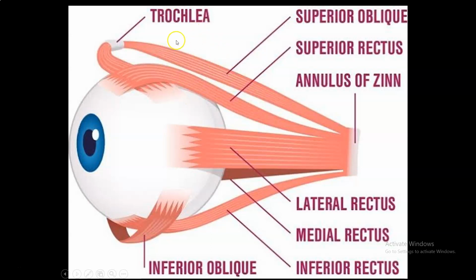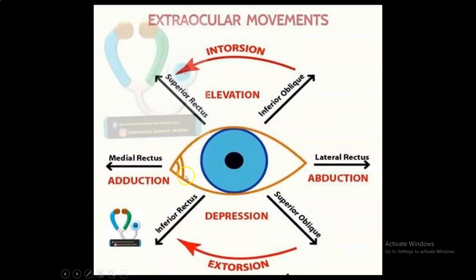This is another view showing the superior oblique, the superior rectus, the lateral rectus, the medial rectus on the other side, and the inferior rectus and the inferior oblique. This is a very important diagram, because in clinical practice, when I tell you to test for ocular motility, you will make the patient look laterally, what we call abduction by the lateral rectus.